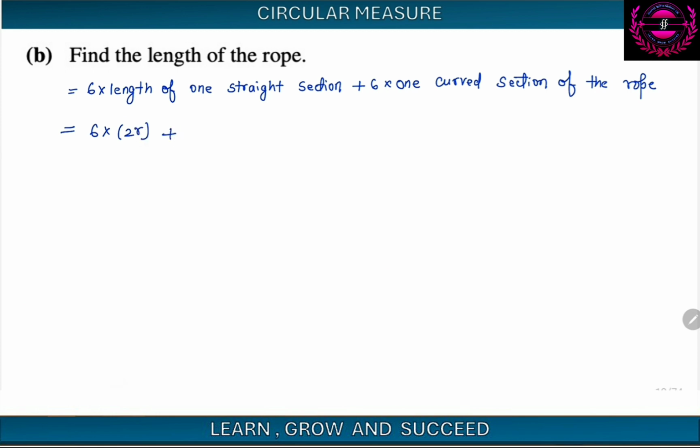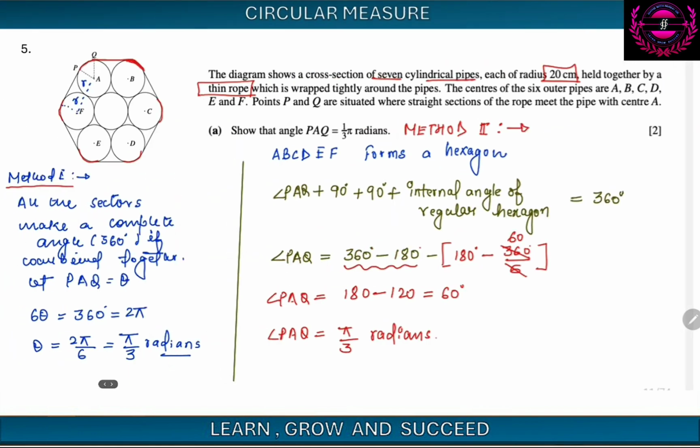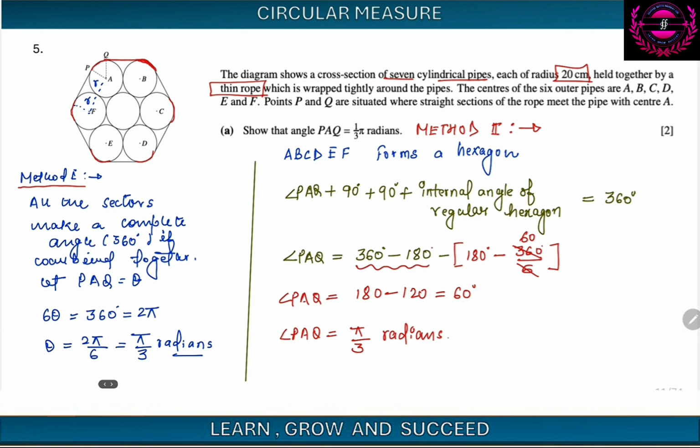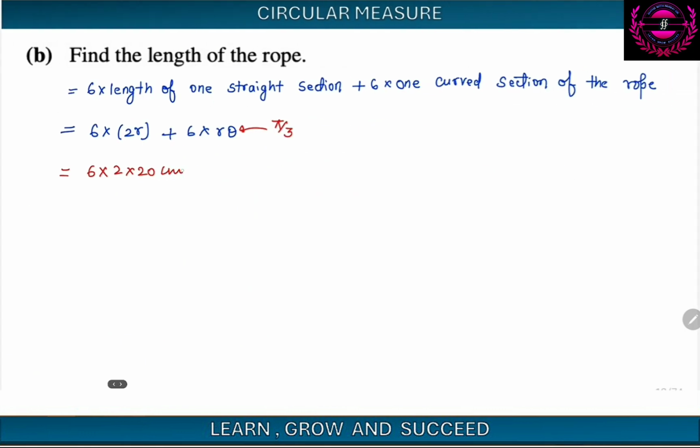And the length of the curved section is nothing but the arc length, which is r into theta, and we just calculated this value of theta as pi by 3. So now I can write 6 into 2 into r to be 20, given in centimeters, plus 6 into 20 into pi by 3 centimeter.